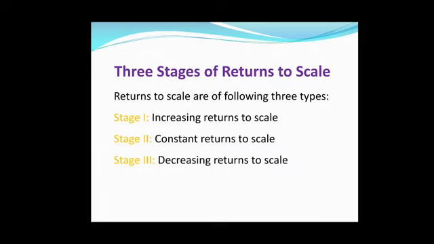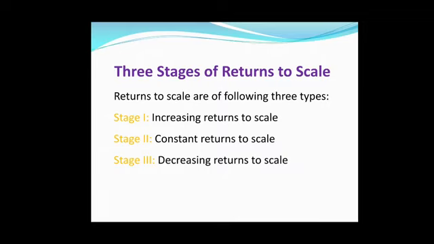And the third important possibility here is the total output may increase less than proportionately, or we can say the proportionate increase in output is less than the proportionate increase in inputs, and this is the case of decreasing returns to scale.